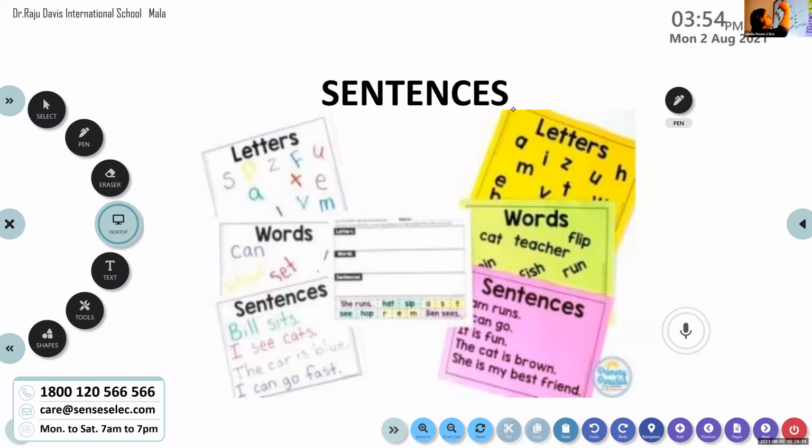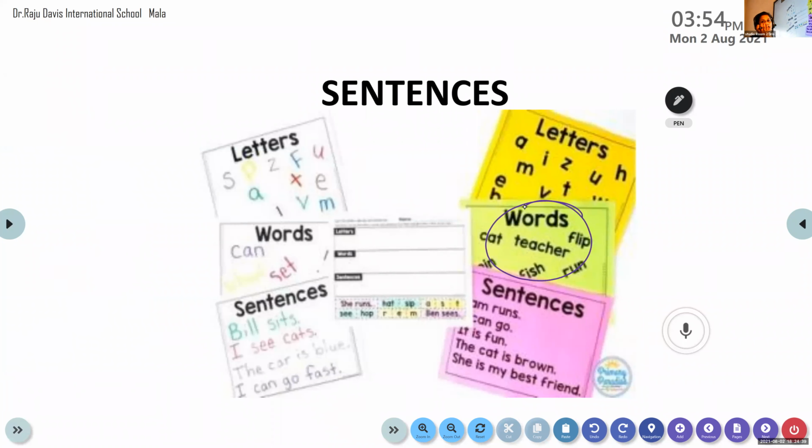Okay. So here we are in the topic sentences. We know how letters, words and sentences are related to each other. When letters are joined together in a proper order, we get words. And when the words are joined together in a proper order, that makes sense, it is called a sentence.